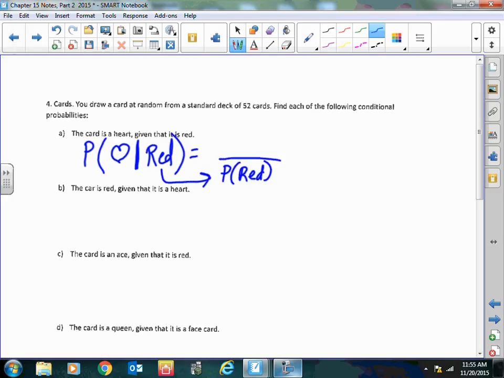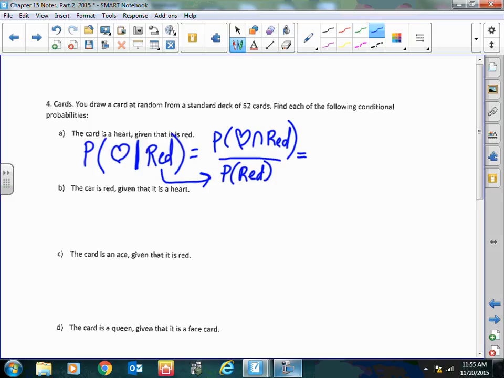Okay, so that means out of all the red probability, find the probability of heart and red. I'm going to do this real technical right now, and then I'm going to show you a simpler way, a way to streamline it.